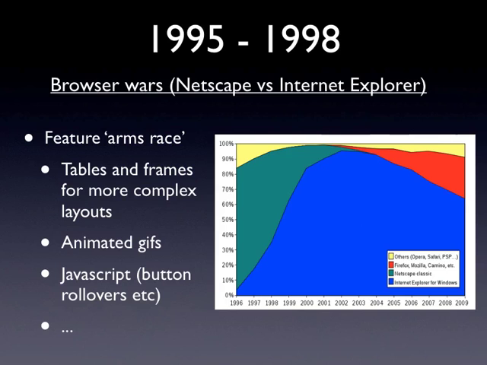So around this time also is the period of time where you might hear talked about the browser wars. So the two major holders of the market share in terms of internet browsers at this time was Netscape with their Netscape Navigator browser and Microsoft with their Internet Explorer browser.